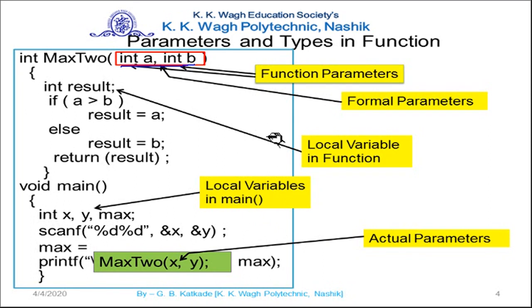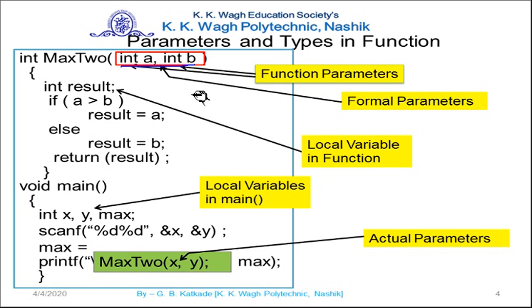In addition, there are terms such as local variables: local variables in main and local variables in a function. Main has three local variables, x, y, and max, and max2 has one local variable, result. The parameters a and b are also considered local variables for the function max2.